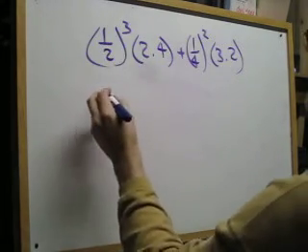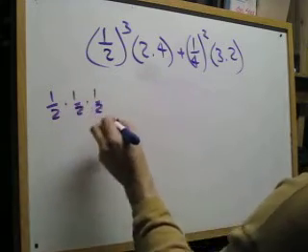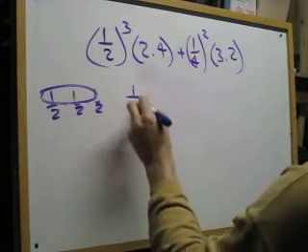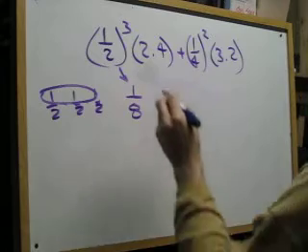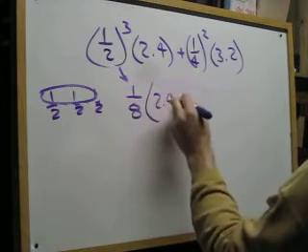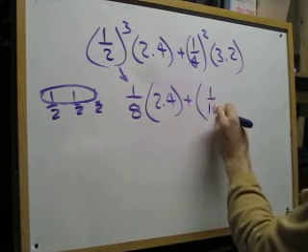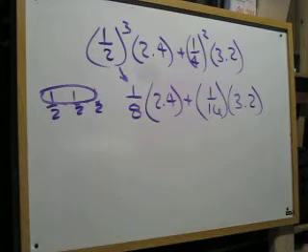So 1/2 cubed is the same as 1/2 times 1/2 times 1/2. Multiply the top together, you get 1, and the bottoms, 2 times 2 times 2, you get an 8. So 1/2 cubed is 1/8. We're going to multiply that times 2.4 plus 1/4 squared, which is 1 over 16, times 3.2.